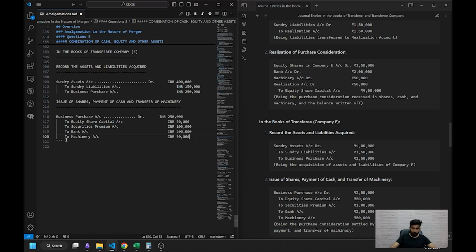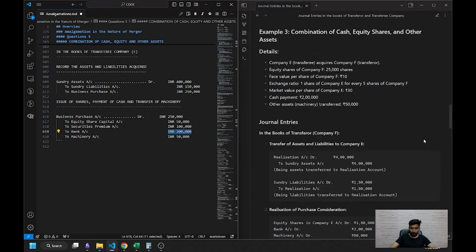Now, again, there should be a confusion about how the securities premium comes. See, all these entries are already mentioned. Equity share capital of 50,000, machinery of 50,000, and bank payment of rupees 2 lakhs. Now, how is the amount of securities premium going to come?